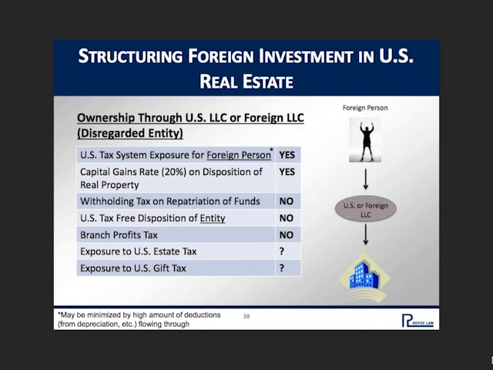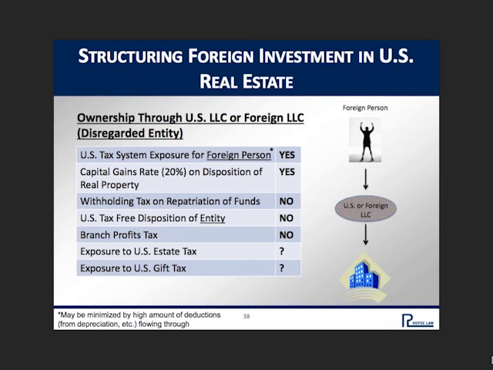There's something just weird about a disregarded entity being regarded for tax purposes. If we're talking about a U.S. LLC, you certainly have a better chance of avoiding U.S. gift tax, but I think you have no chance of avoiding U.S. estate tax with a U.S. LLC.